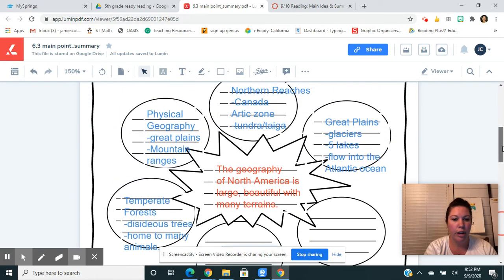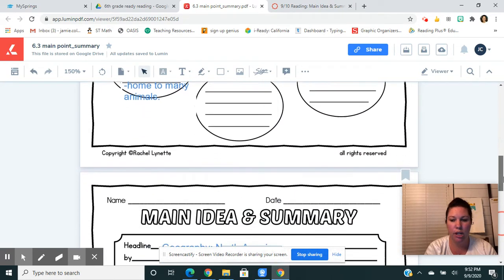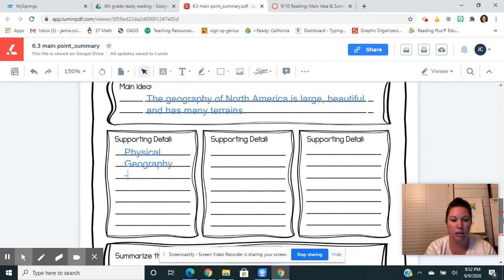I'm going to talk about the Great Plains and the mountain ranges. So I'll put Great Plains, mountain ranges. If you remember something else about the physical geography, you can add that in also.